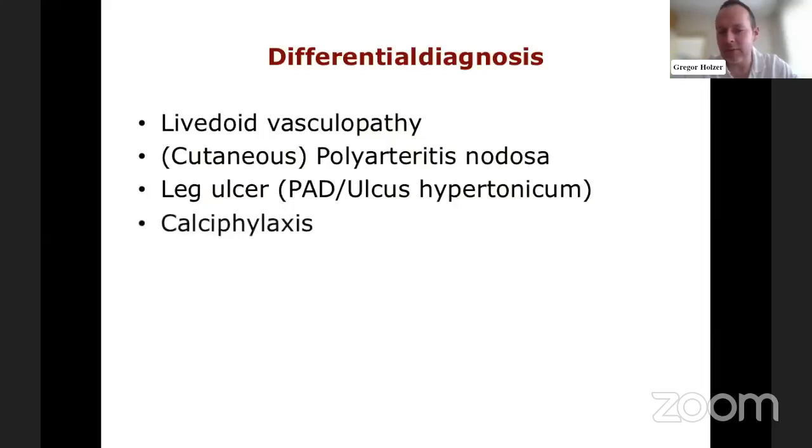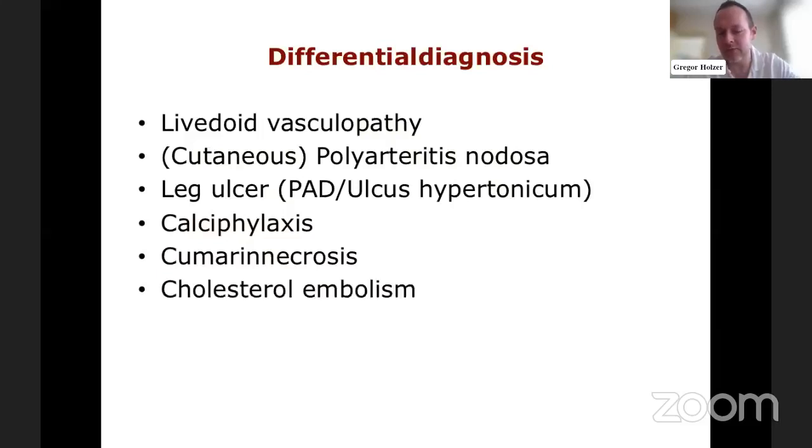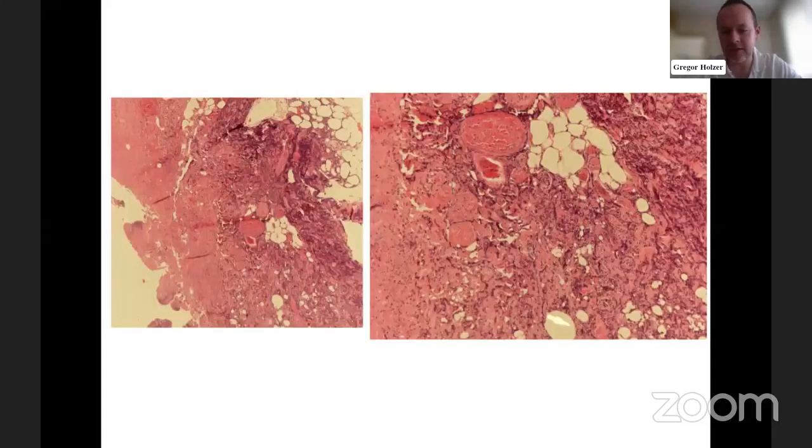We also thought about calciphylaxis because it was so painful. And of course we thought of a necrosis maybe due to coumarin. We also wanted to rule out an embolization process, maybe cholesterol.